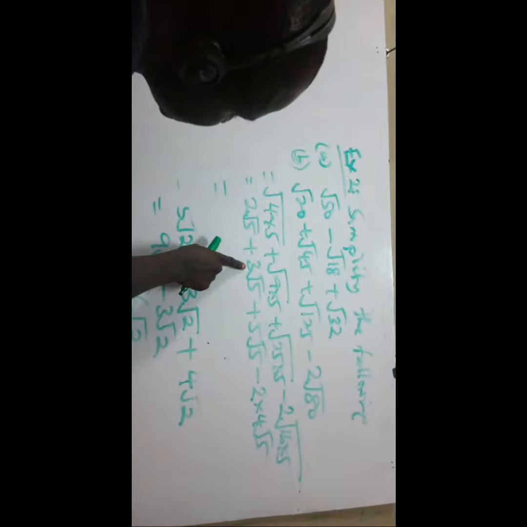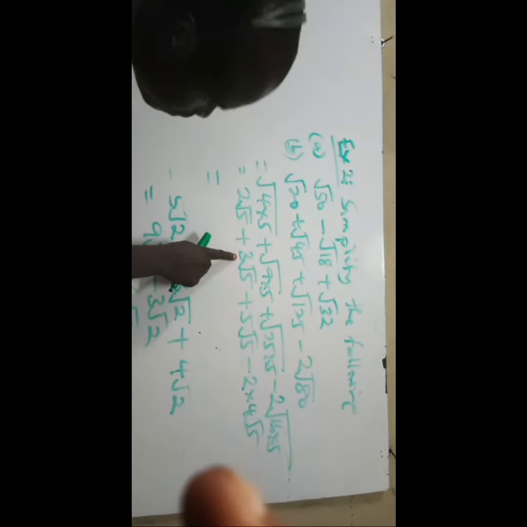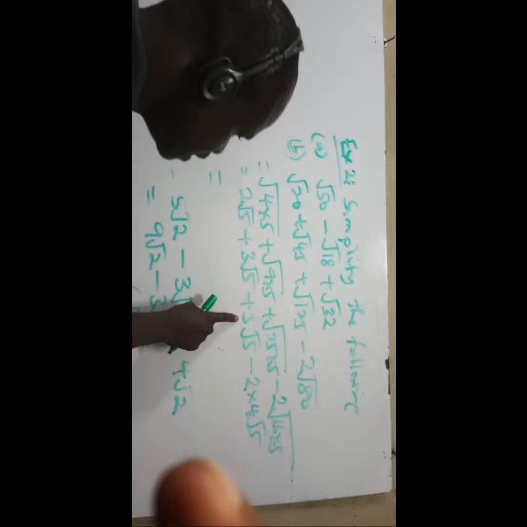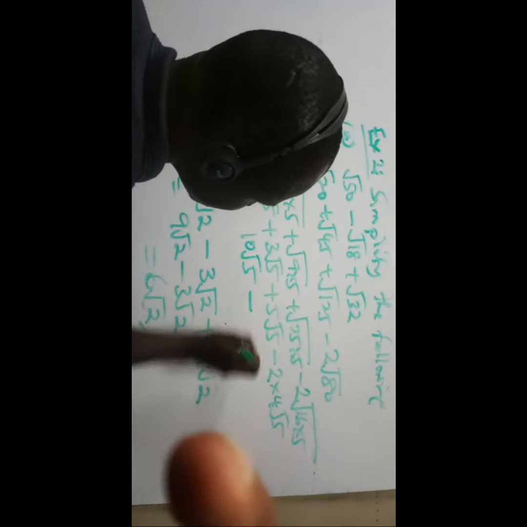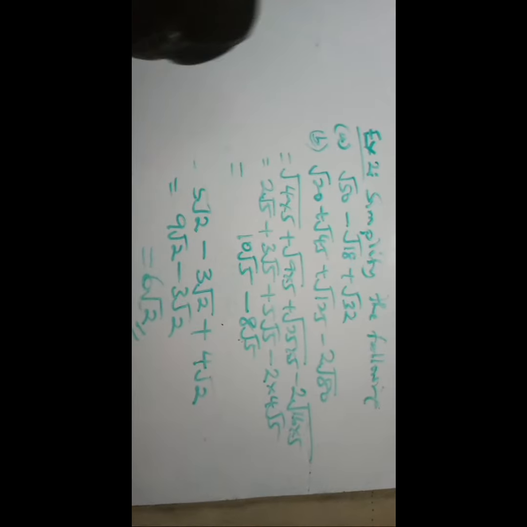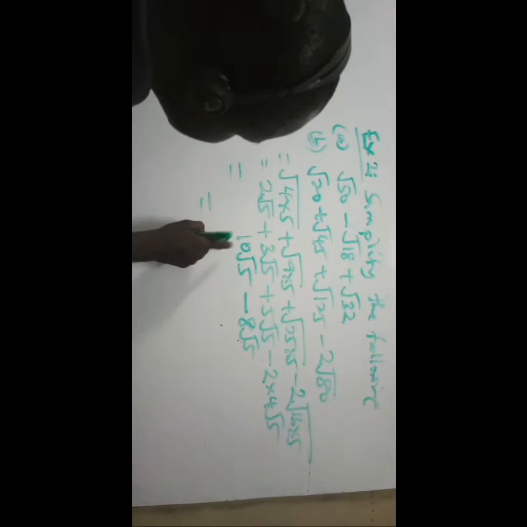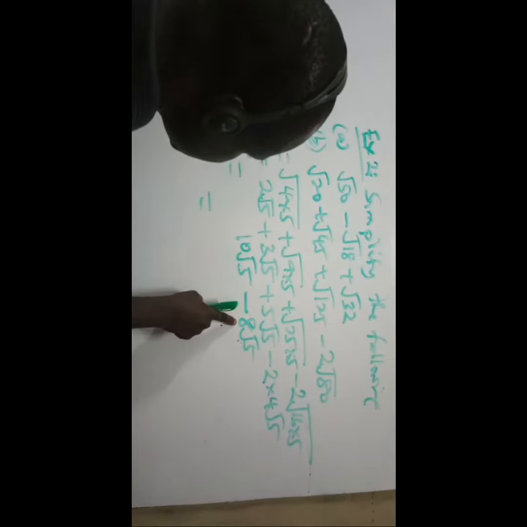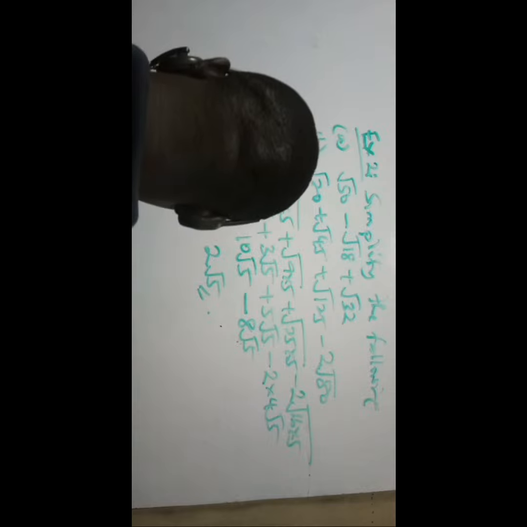So 2 plus 3 is 5. 5 plus 5 is 10. Then I will have 10 square root of 5 minus 2 times 4, 8 square root of 5. So from here now, I'm going to get 10 minus 8. It is 2. So this will be 2 square root of 5. And that will be the final answer that we have.